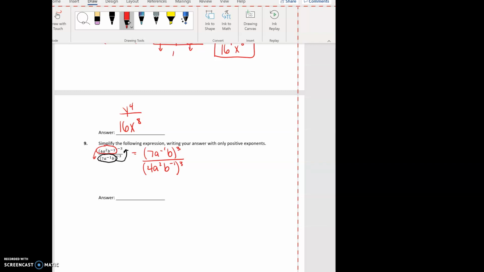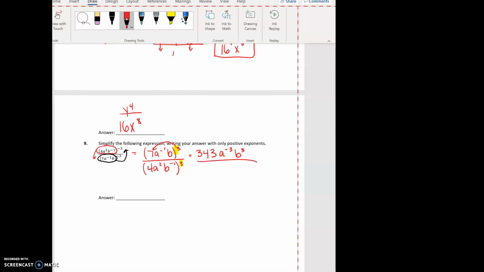Okay, so now I'm going to actually apply these 3's and raise everything on the inside of the parentheses to the power of 3. So I'll have 7 to the third power, which is 343. A to the negative 1 to the third power, so that's a to the negative third, and b to the positive third.